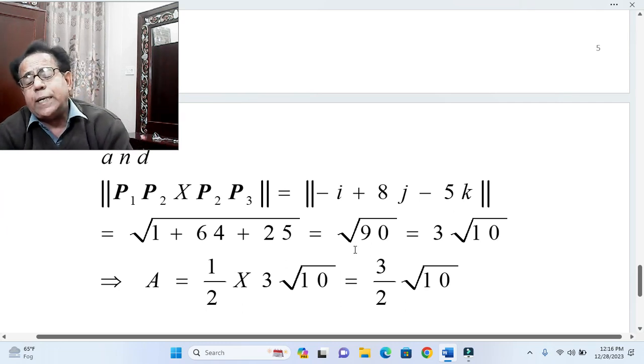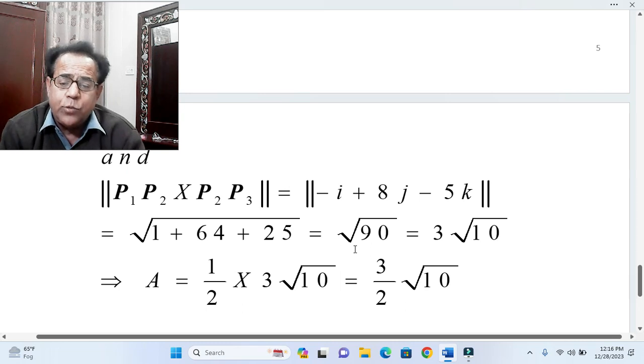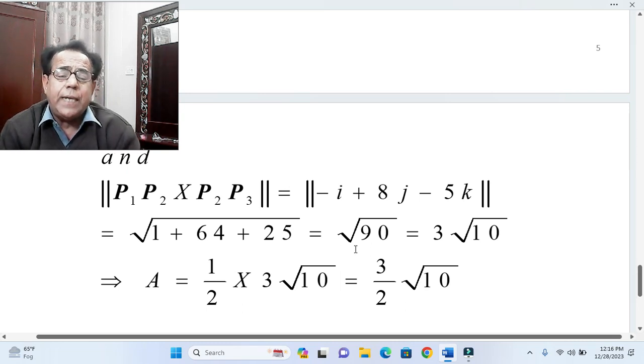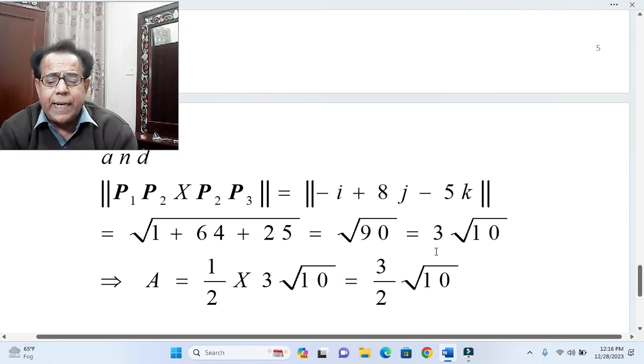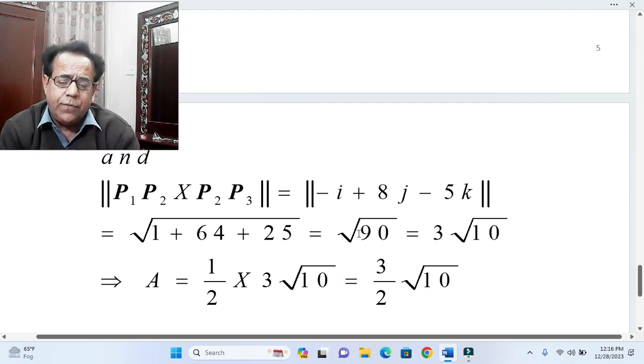We know that 90 can be written as 10 into 9, and 9 is a complete square of 3, so we can take 3 out of the root. The magnitude of these two vectors will become 3 into the square root of 10.